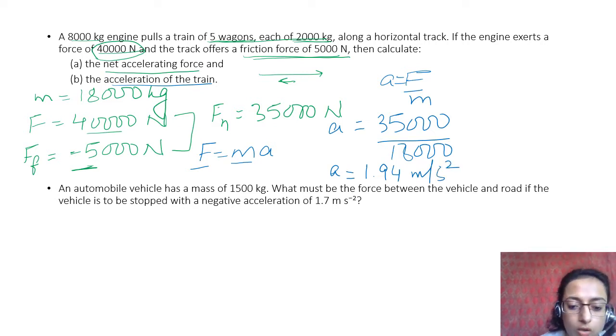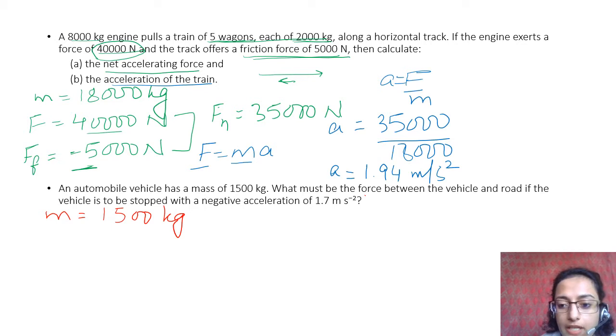Okay, next question. An automobile vehicle has a mass of 1500 kg. What must be the force between the vehicle and the road if the vehicle is to be stopped with a negative acceleration of 1.7 meter per second square? In this, they are just talking about the frictional force, right?